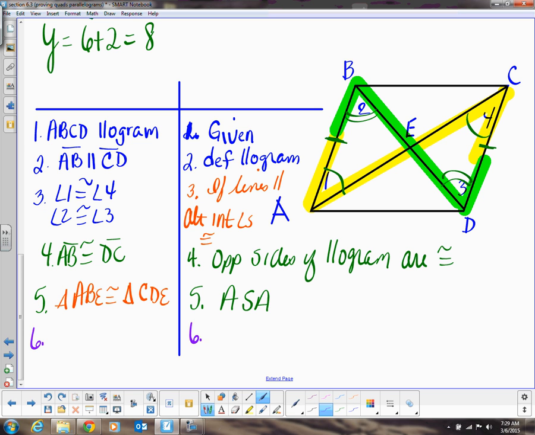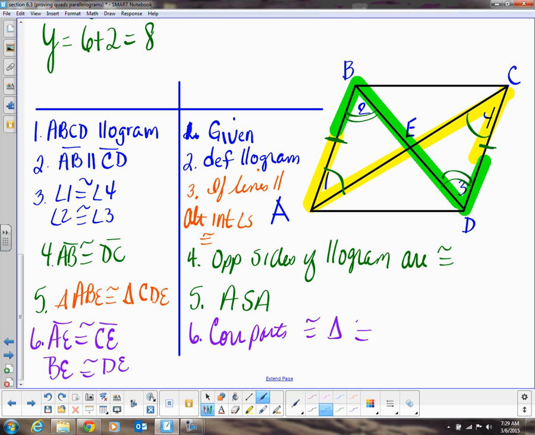What's true about congruent triangles? Corresponding parts of congruent triangles are what? Okay, are these corresponding parts? Are these the other 2 pairs of sides? Corresponding parts, congruent triangles, congruent.